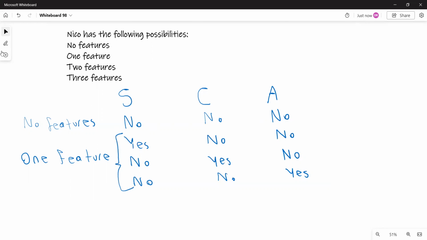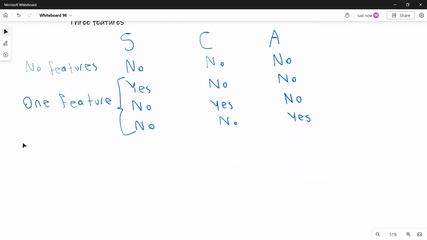If it has two features, that can also happen in three ways. So it has two, but not a third one.